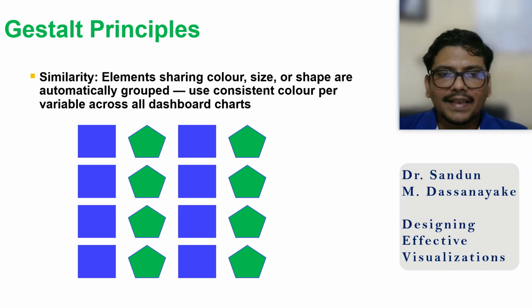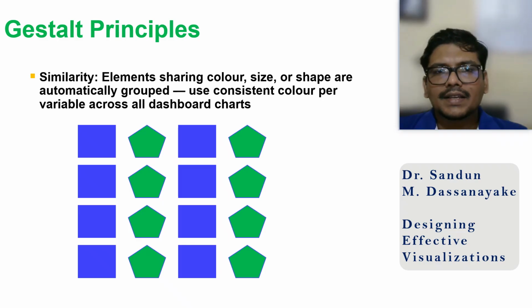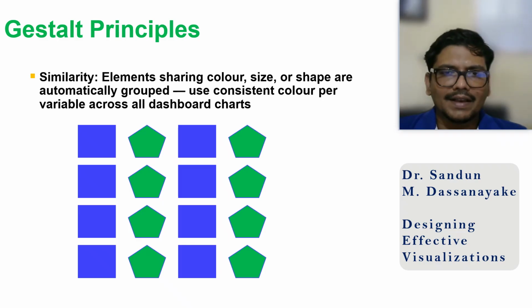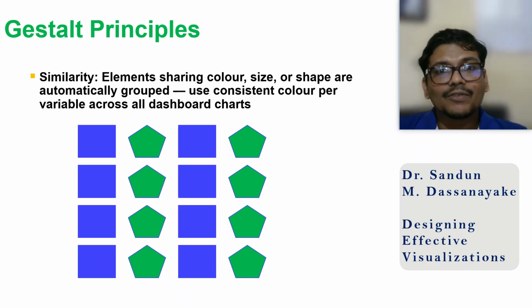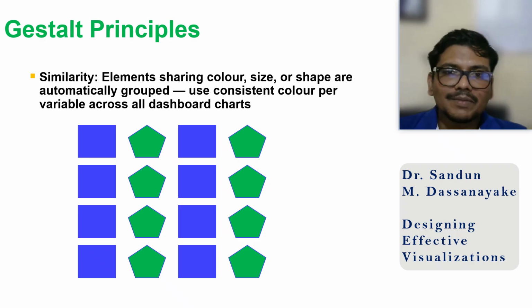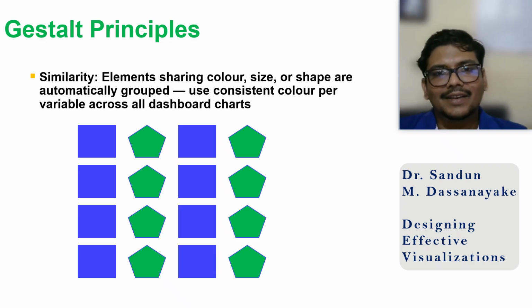The practical rule is to pick one color for a given variable, say for example revenue, and reuse that exact color every time revenue appears, on every chart, on every page of a report. If you follow this, viewers can then track that variable across multiple charts without rereading a legend each time.